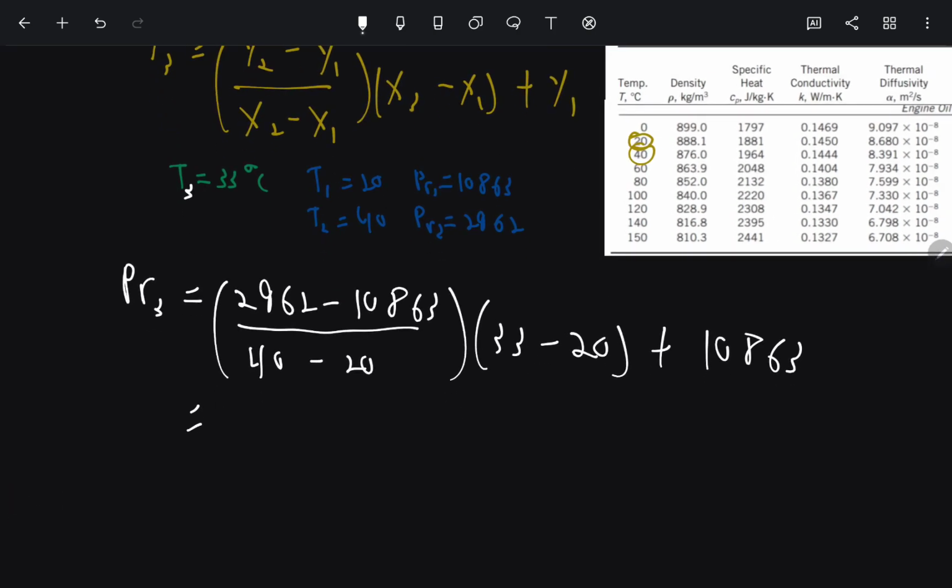So then we can type all of this into our calculator. We first have to be very careful with the parentheses here. We're going to subtract the top two first. The subtraction of those is -7901. 40 minus 20, that's 20.